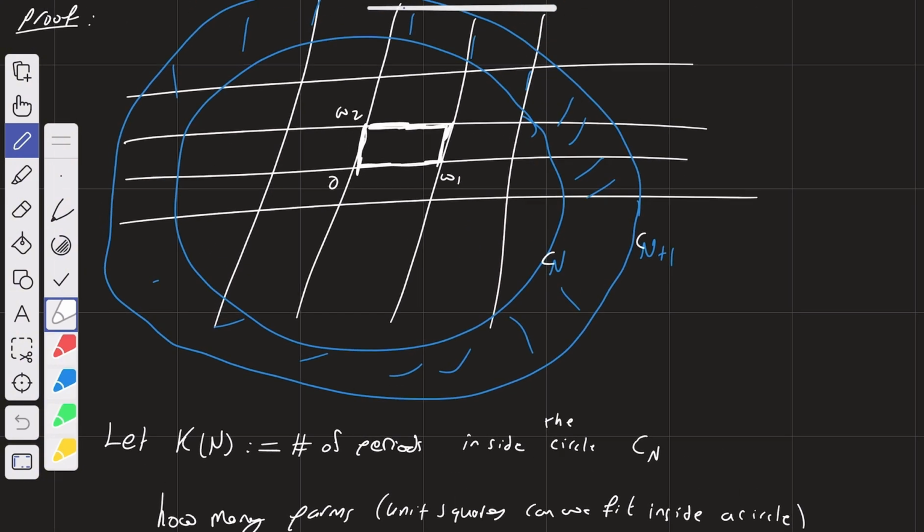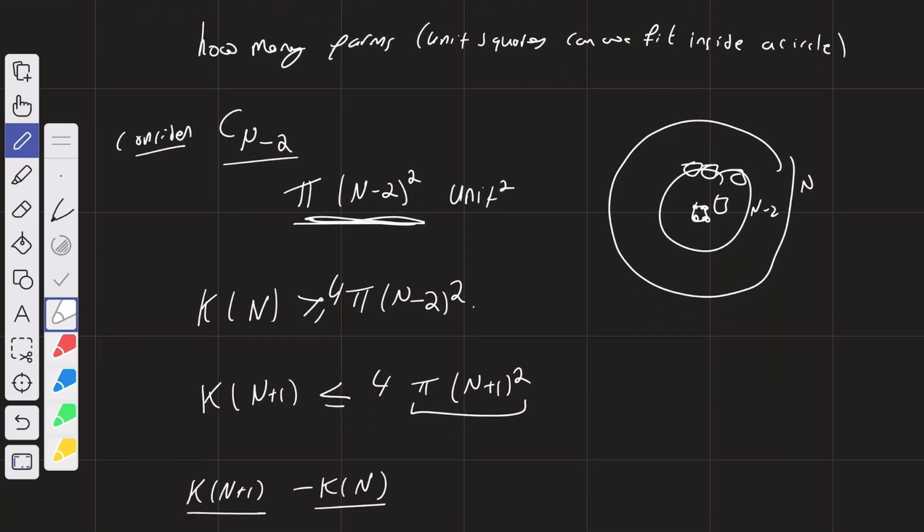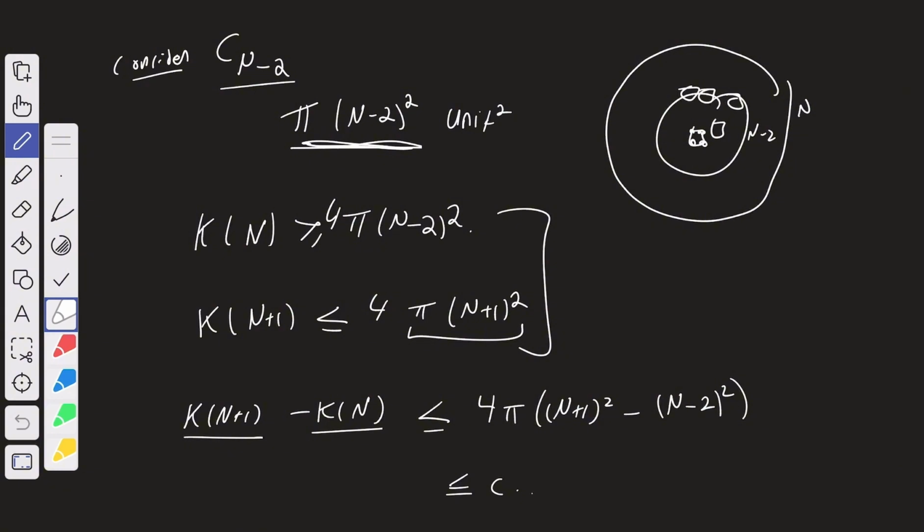And remember, this is what we wanted to count: the number of periods between these two circles, and that number is literally this difference, right? And this, by these two inequalities, is less than 4 pi times (n plus 1) squared minus (n minus 2) squared. And you can simplify this. It's going to be some constant times n.